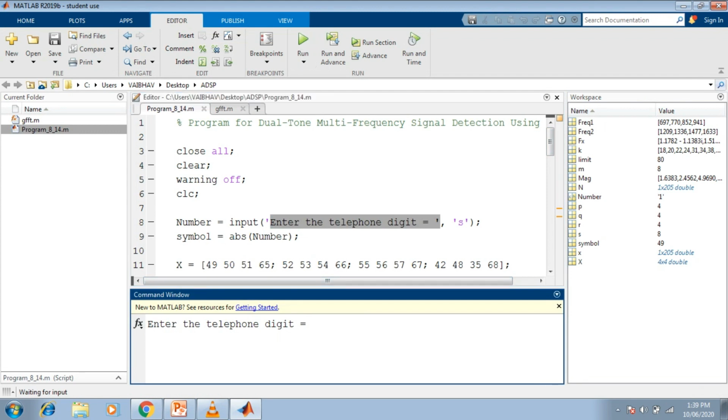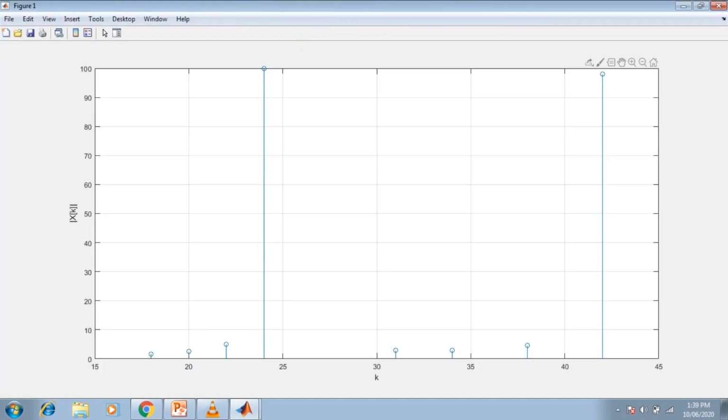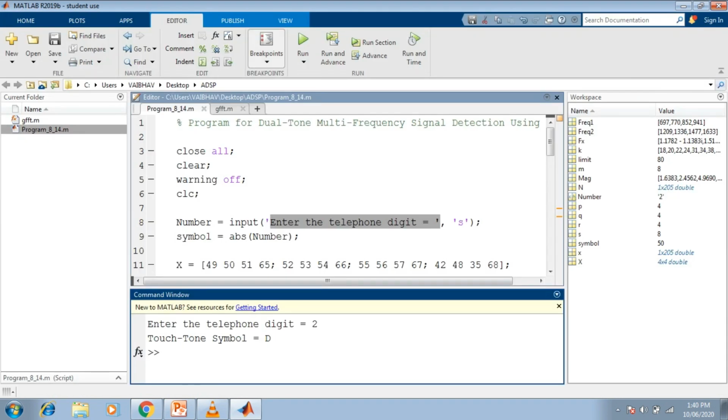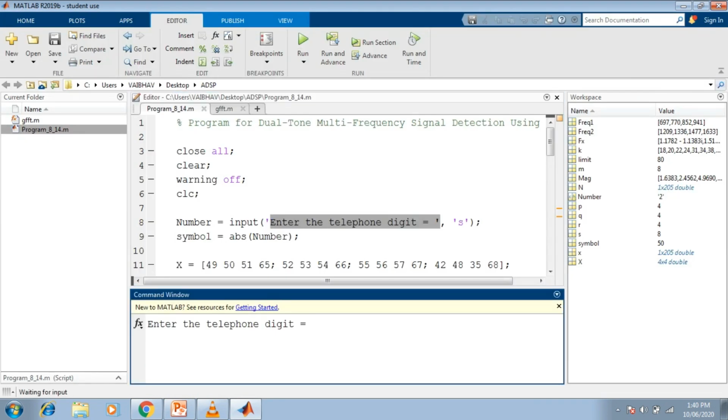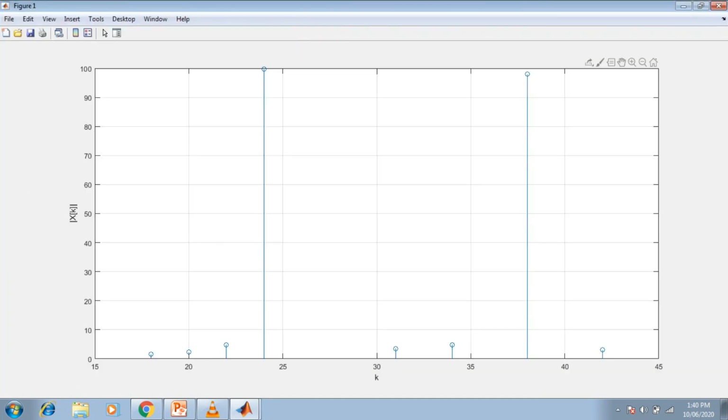Now if we run this once again and press 2, we get the frequency components with amplitudes like this: x is equal to 24, y is equal to 99.84, and x is equal to 42, y is equal to 98.01. In a similar fashion, if I dial the hash symbol from the telephone pad, we also get two frequency components: x component 24 holding the amplitude 99.69, and for the 38th component we have 98.01.